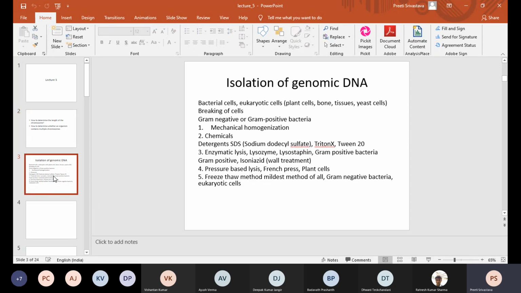And if you remember, in the last class we discussed that we can do isolation of genomic DNA from bacterial cells or from eukaryotic cells, for example plant cells, bone tissue, yeast cells, etc. The first step is breaking of cells, where we discussed the five methods from the last class: mechanical homogenization, chemical method, enzymatic lysis, pressure based lysis, or freeze thaw method.